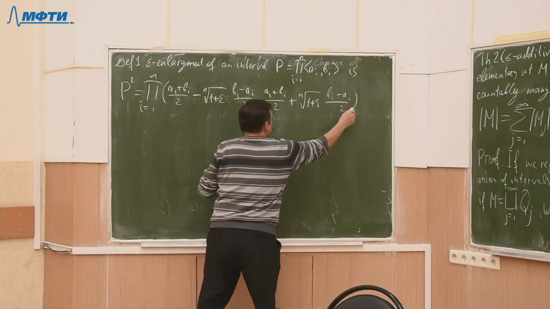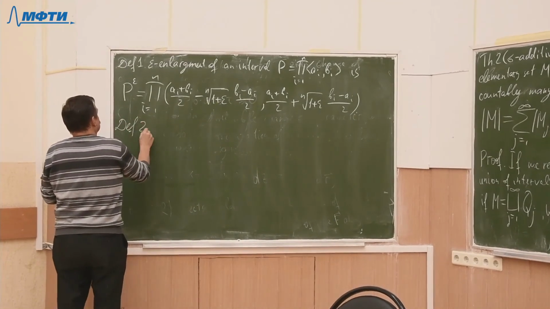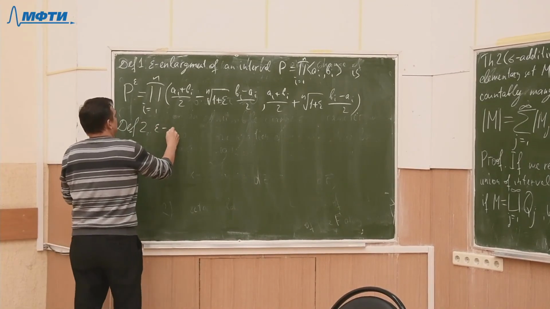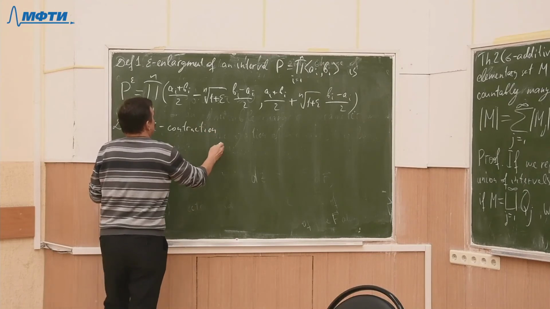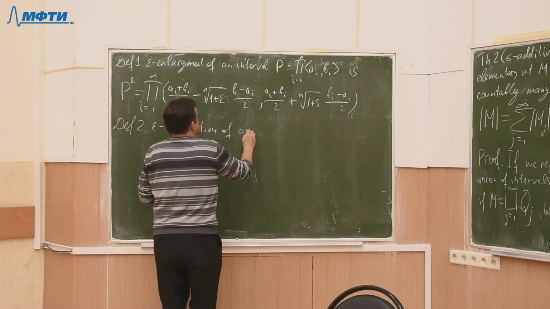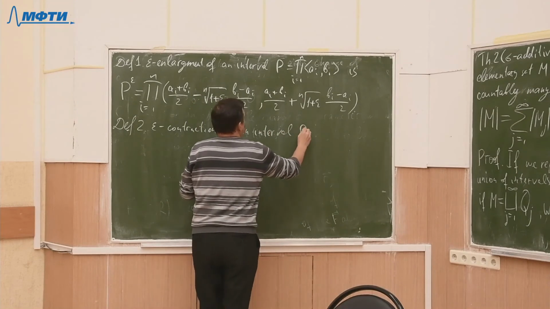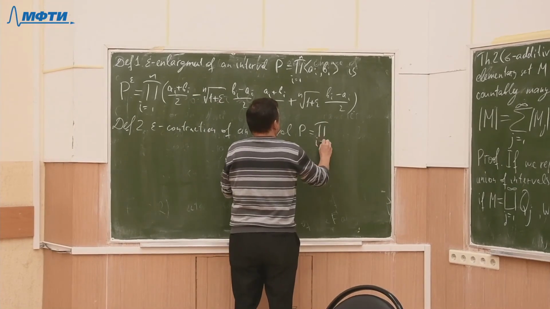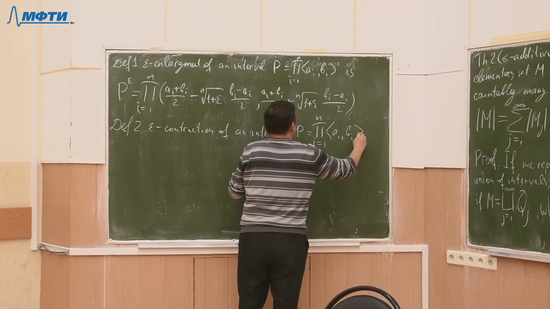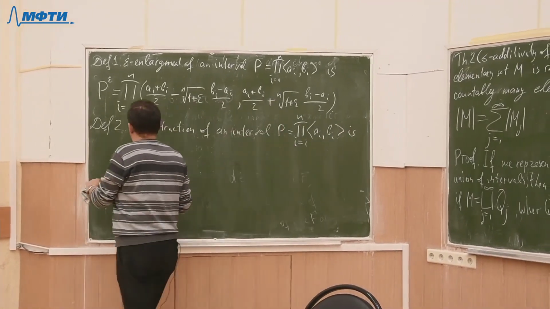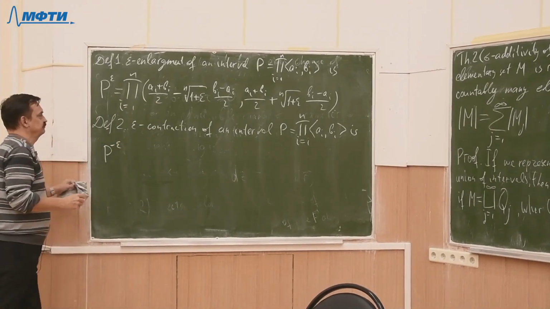Okay, and also definition 2, epsilon contraction of an interval p, which is the product of ai, bi. Let it be the p minus epsilon contraction.